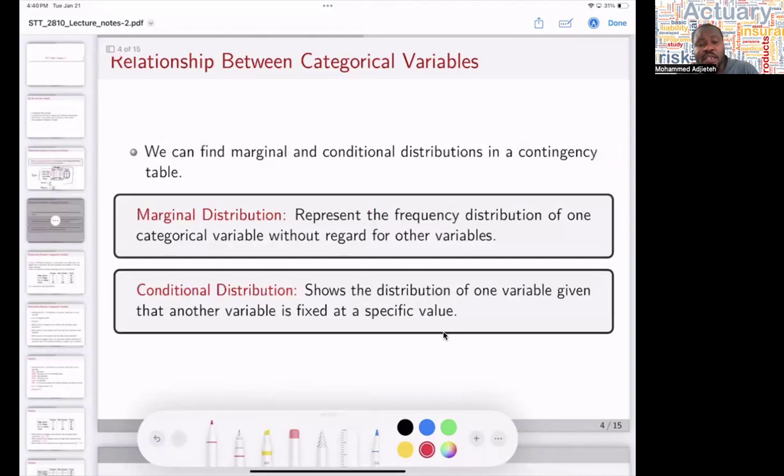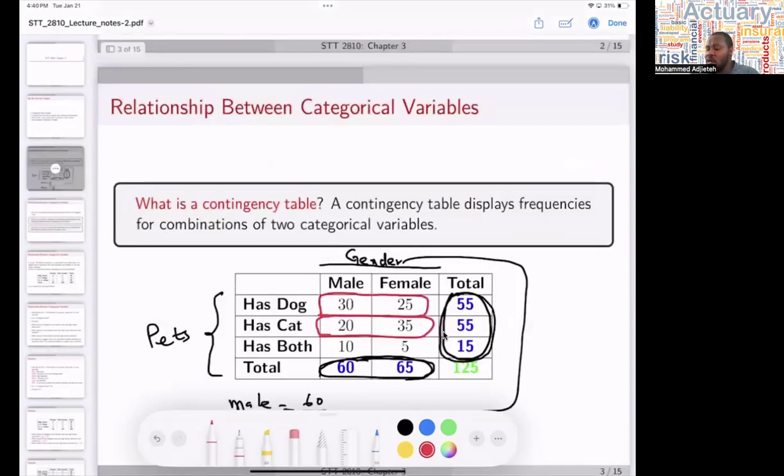These are the official definitions for marginal distributions and conditional distributions. As you can see, for a conditional distribution we find the distribution of one variable given that the other variable is fixed. For example, you can see here that having a dog is fixed. So that is what marginal distributions and conditional distributions are.